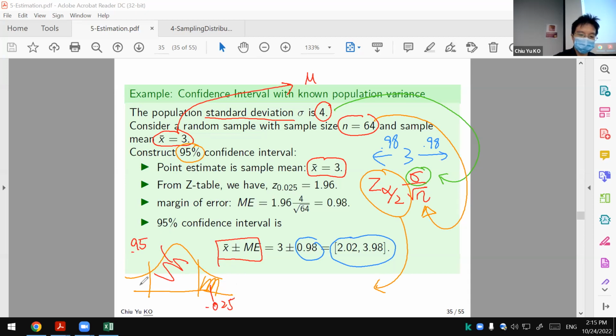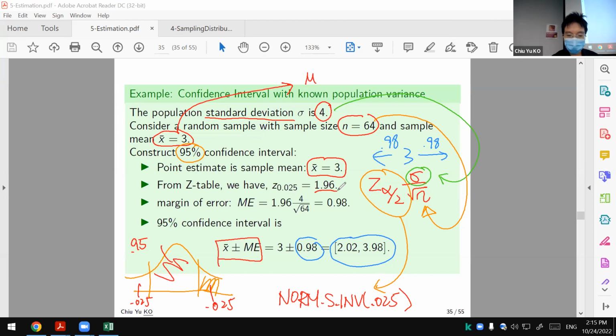So that's why you go to Excel, NORM.S.INV of 0.025. That will give you 1.96. Because actually we know how to do it, since that is basically the empirical rule, right? Exactly, not exactly, but close to 2.